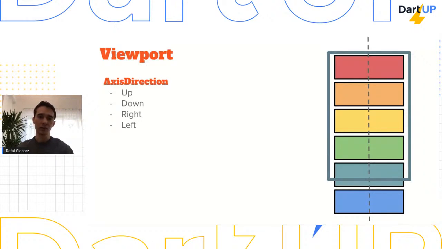And the axis direction is basically up, down, right, left. It tells us not only whether the axis is vertical or not, but also the direction. This is very important because with this parameter, we can easily change the orientation of the list.